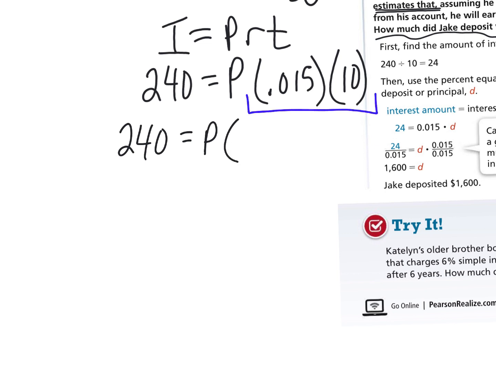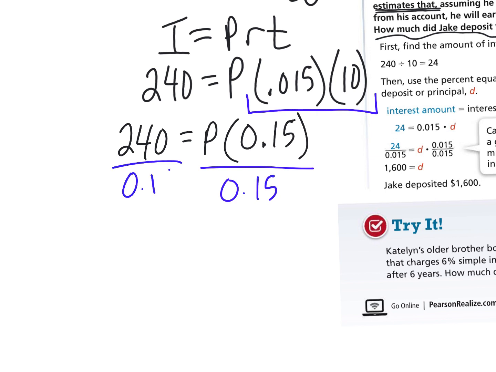These can be multiplied to simplify the right side of the equation, which would be multiplying by 10 just moves our decimal over 1 spot, would be 15 hundredths. And then they're multiplying, so we can divide by 15 hundredths.